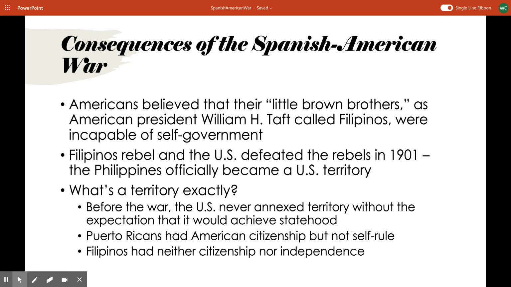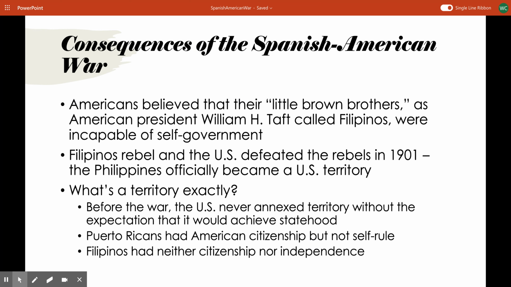They started to fight back. And for 2 years, the United States fought to put down the Filipino insurrection, to put down the Filipino rebellion. And ironically, the United States resorted to the same tactics that the Spanish had used against the Cubans. So in 1891, the United States defeated the rebels, and the Philippines became an American territory.